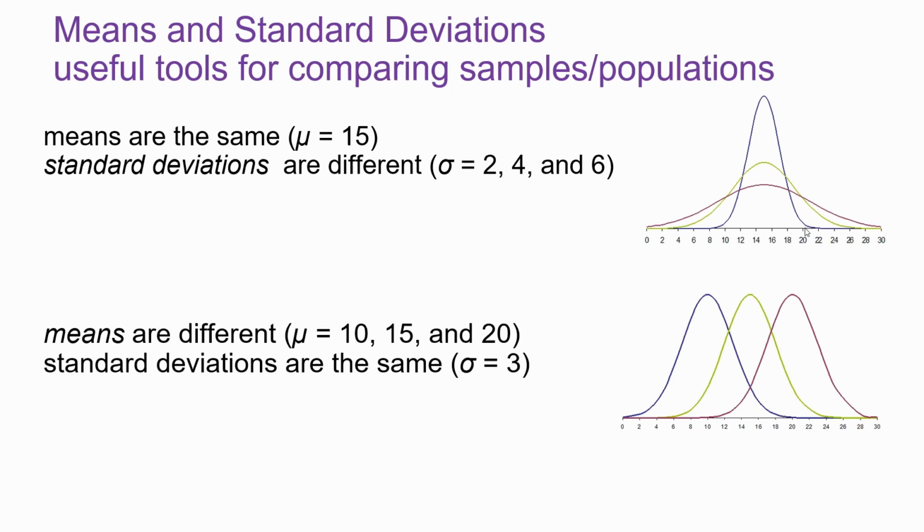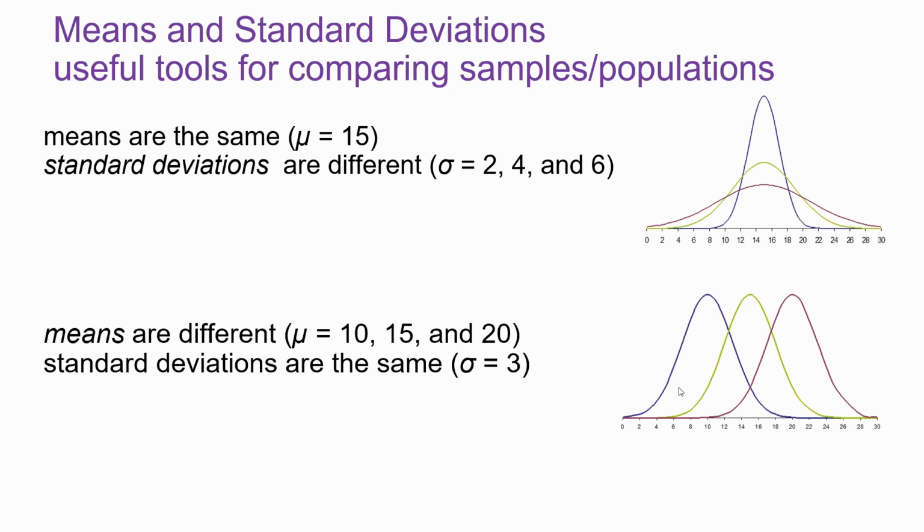And if it has a larger standard deviation, like this red one on the outside, it has a wider range, which means it's going to have a flatter distribution as well. So these different shapes tell you a lot about the data. Just by glancing at them, you can see something about them. Like this is a less variable population. This is a more variable population.